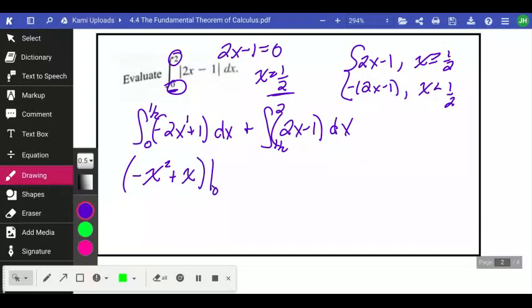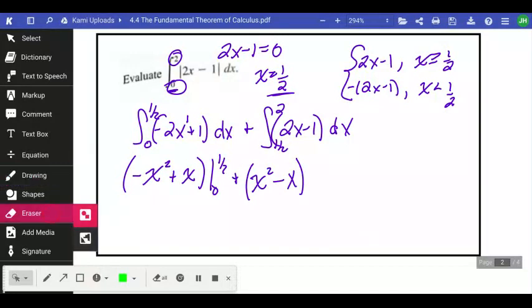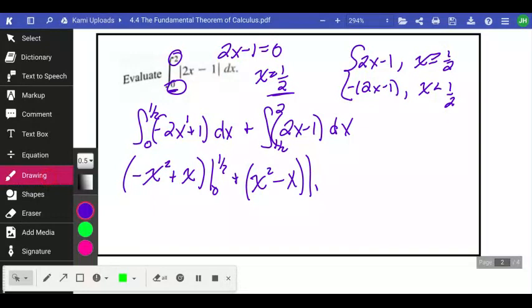And then we'll evaluate it from 0 to 1/2 in a second, plus the antiderivative of 2x, which is increase the power, divide by that power, x squared. And then minus the antiderivative of 1, which is x. Good. And then we'll evaluate that from 1/2 to 2.